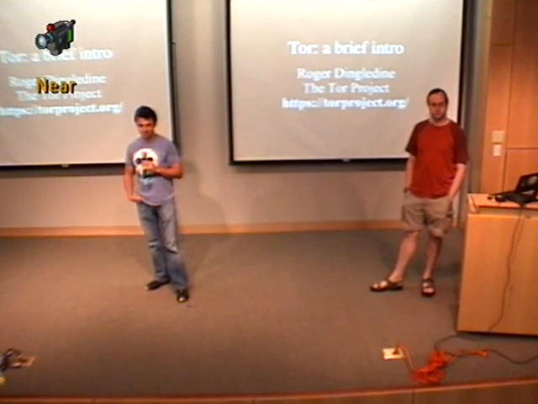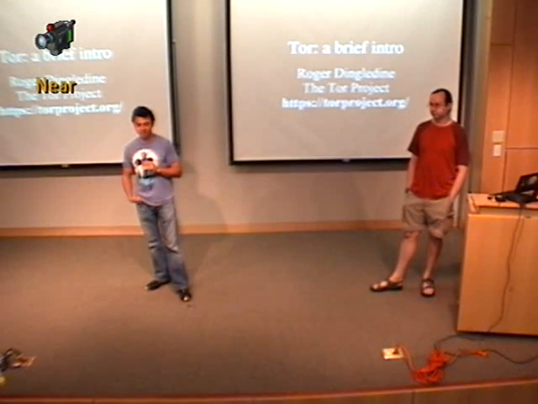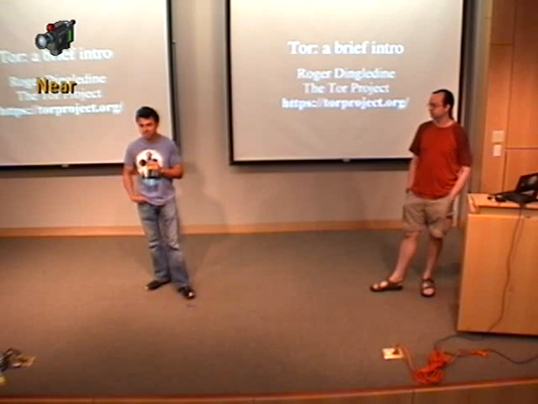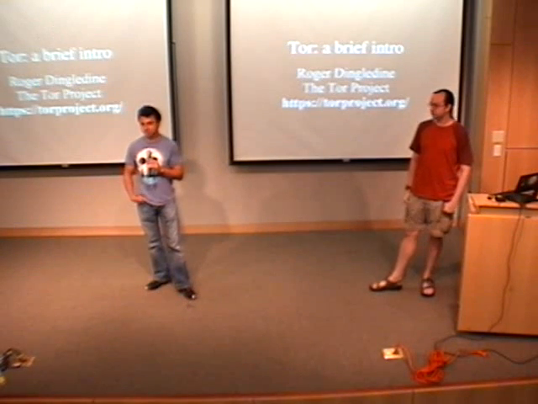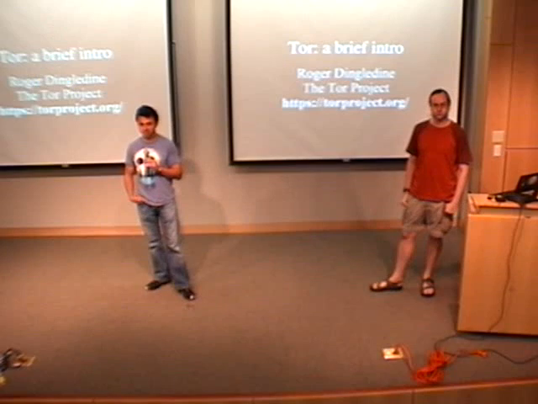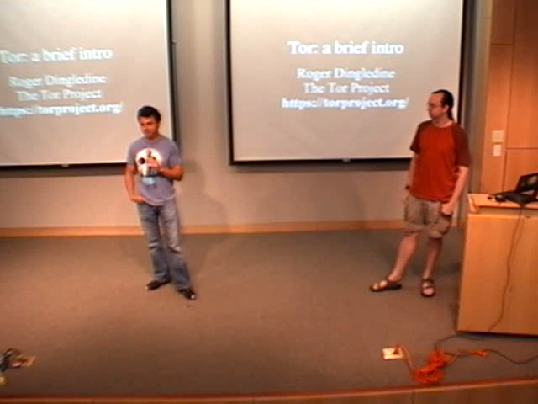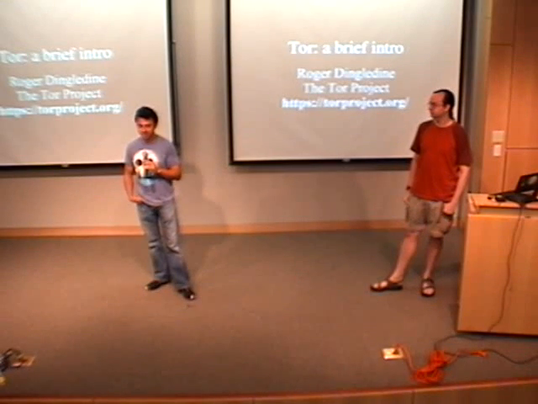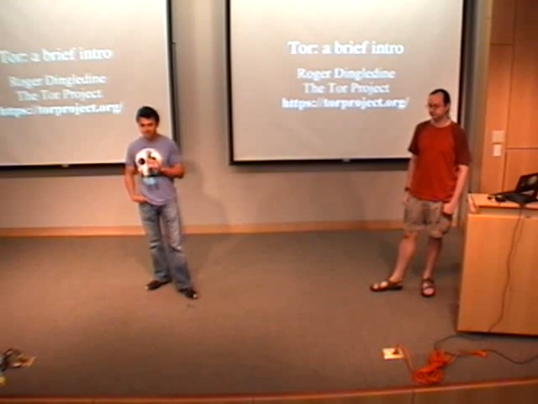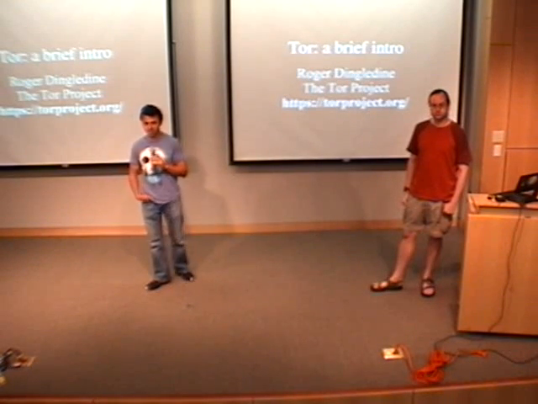I'm here to introduce Roger Dingledine. He's the project leader of the Tor project. Tor is a piece of software that has an extremely large user base, I believe in the neighborhood of 500,000 users. It provides anonymity to a large set of people: dissidents, government agencies, corporations, normal people, people that own tinfoil hats.